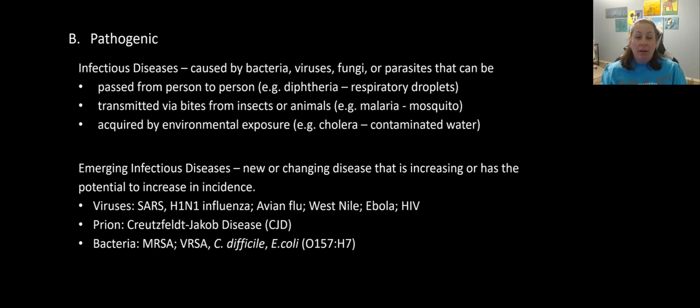And then there are some bacteria that have mutated and become more antibiotic resistant, which makes them harder to treat, like MRSA, VRSA, C. diff, and E. coli. These are not the only emerging infectious diseases. There are a lot of them, but these are just some examples.